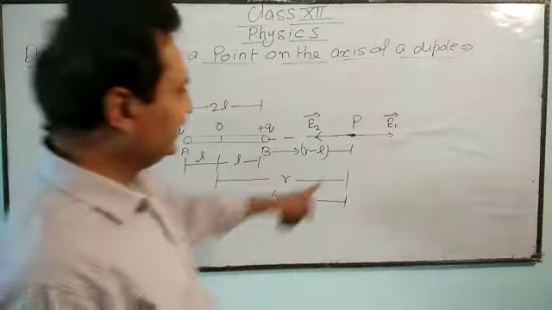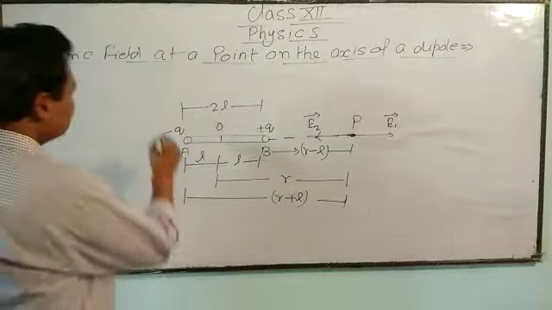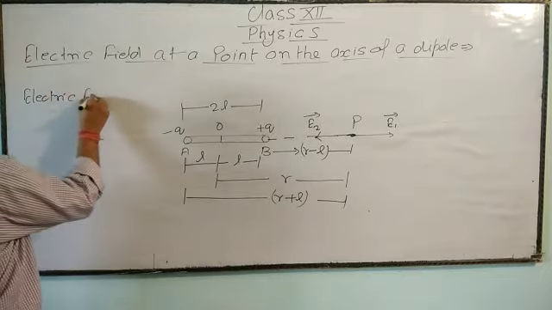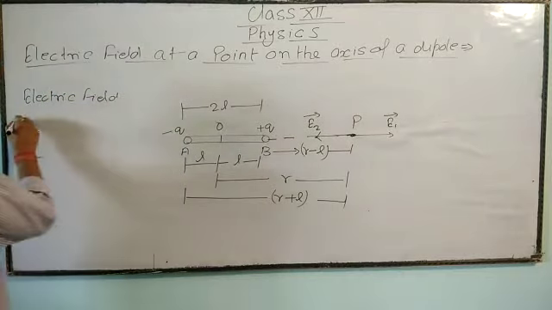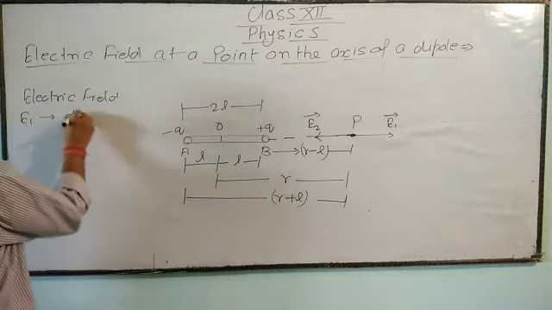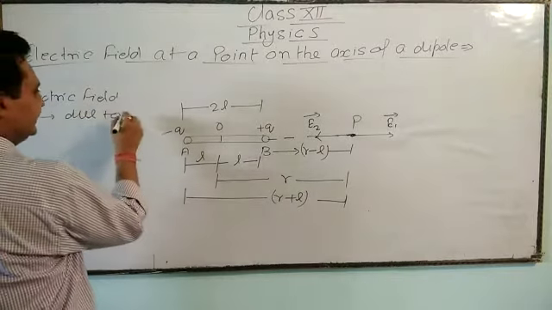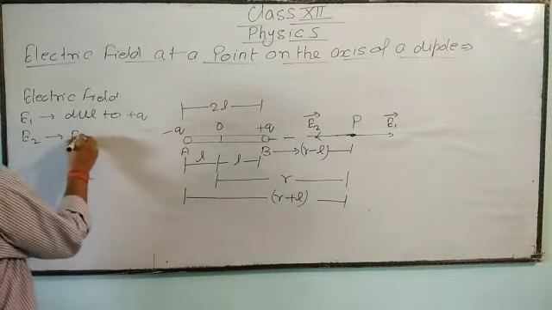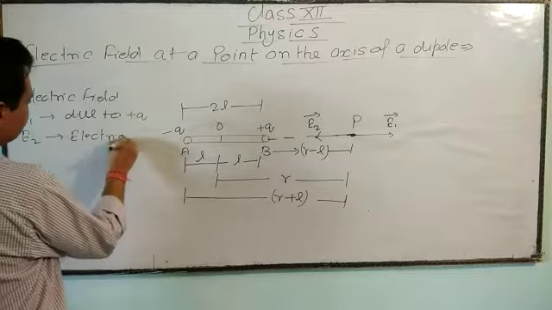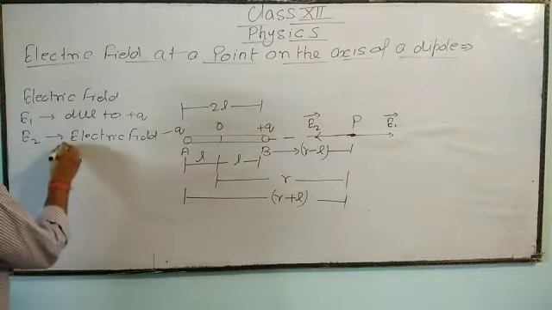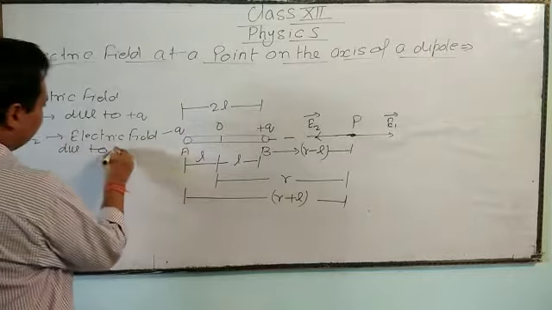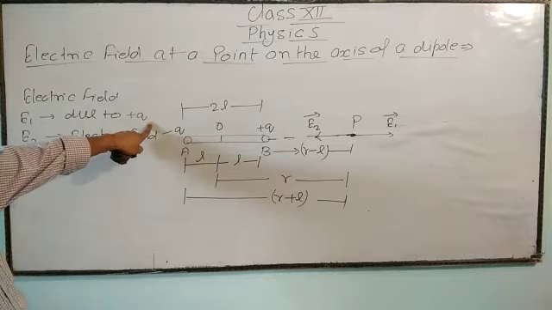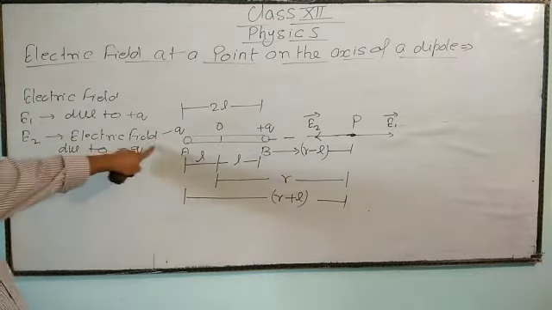First of all, find the value of E1, the electric field due to the positive Q charge, and E2, the electric field due to the negative Q charge.